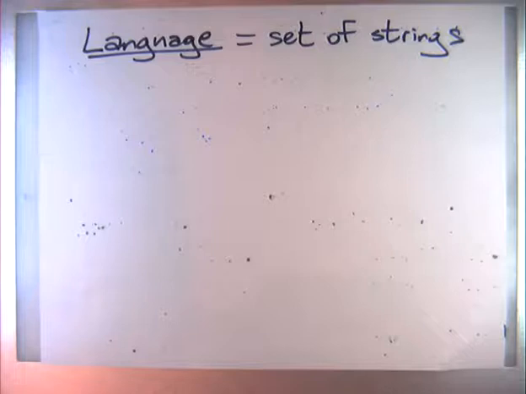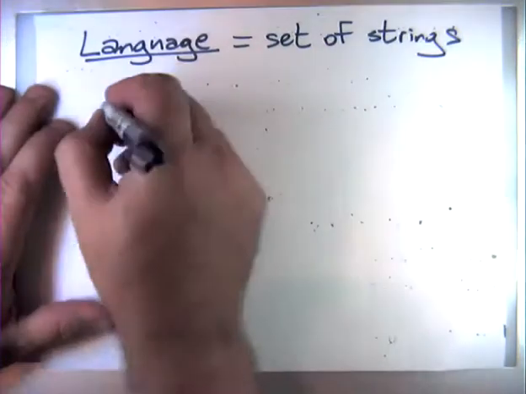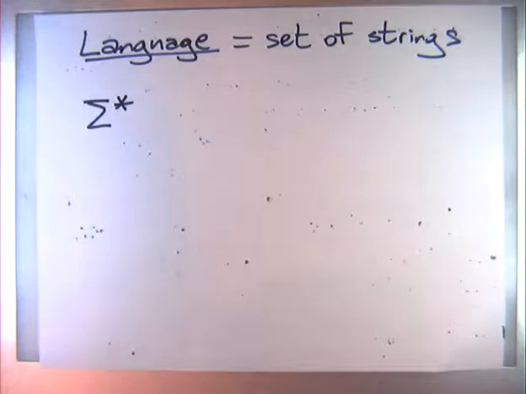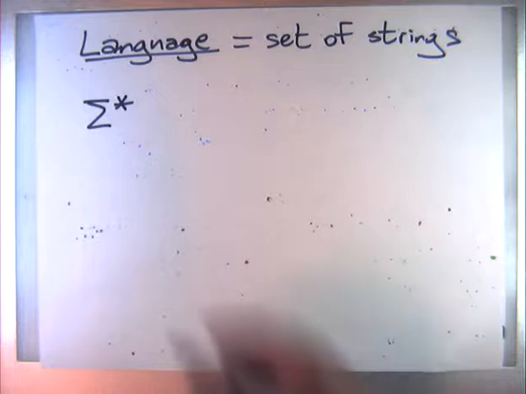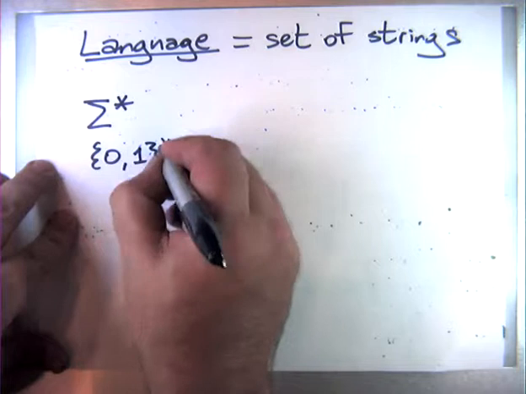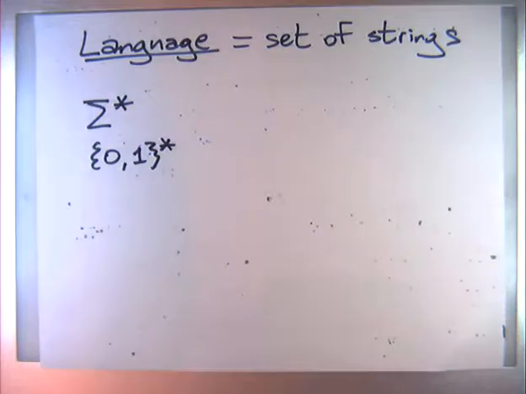Okay? So a good example of a set of strings is sigma star. This is the set of all strings over the alphabet sigma. So in particular, if I say 0, 1 star, this is the set of all strings of zeros and ones, including the empty string.